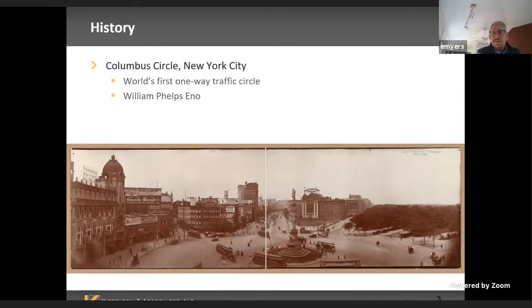If you go there today, there's actually an off-ramp for I-78, the Holland Tunnel that feeds right into it. Very different than what William Phelps Eno designed, but that's the first circular intersection in the country that we're aware of. There are also circular intersections throughout many parts of the country.